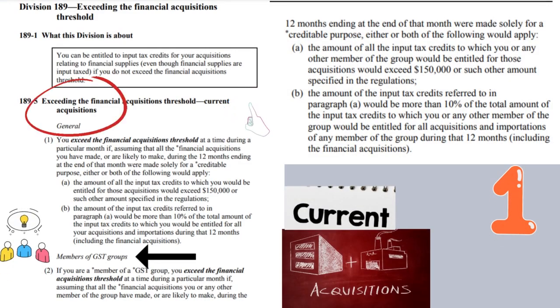First section of Division 189, that is Division 189-5, explains about exceeding the financial acquisitions threshold for current acquisitions, in general and for members of GST groups.